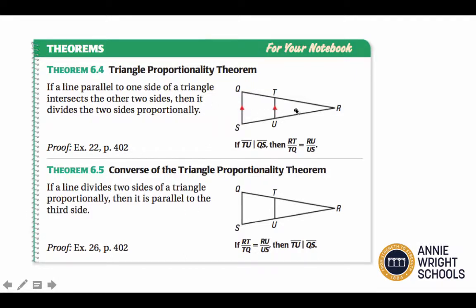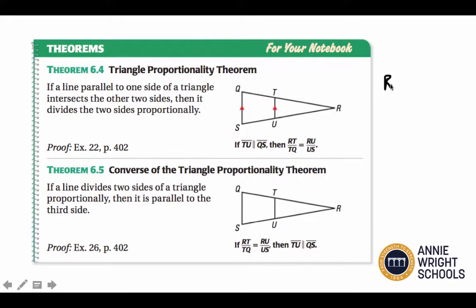The thing you've got to be careful about is RT is to RU what TQ is to US. It's also RT is to TQ what RU is to US. But that does not mean RT is to TQ what TU is to QS.